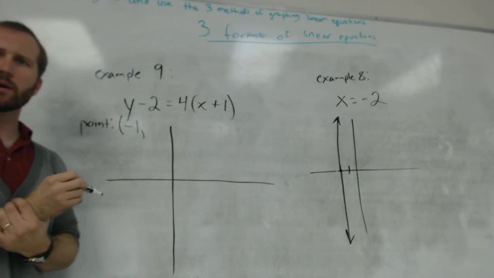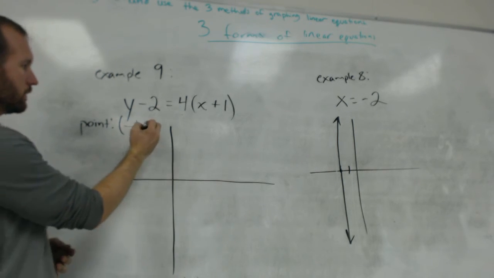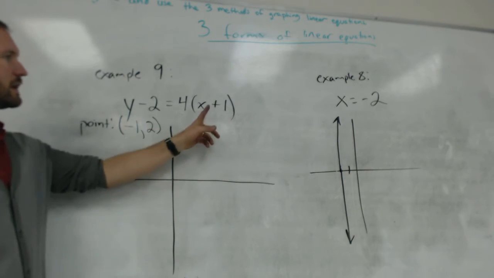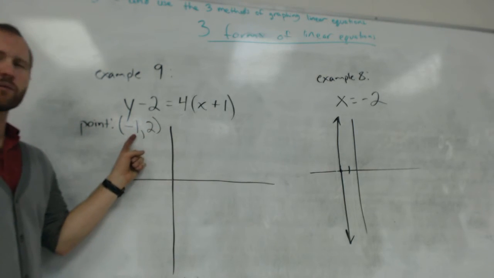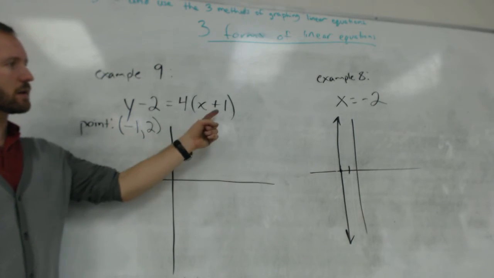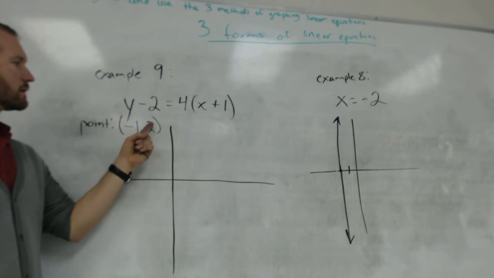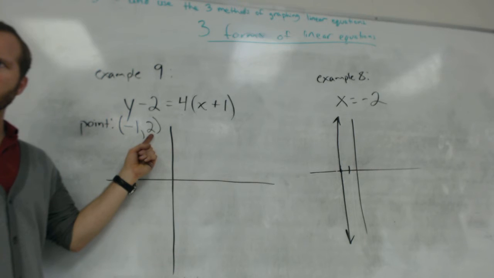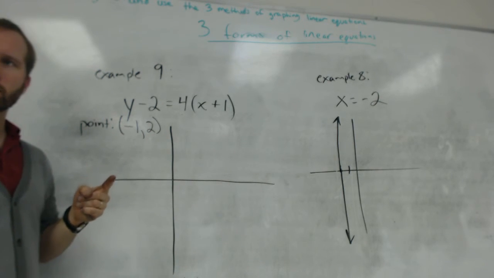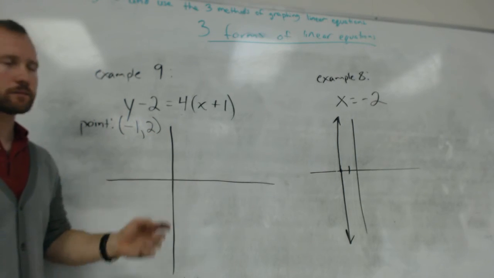And the second part of the point? The 2. Wait, but this says positive 1. How come I wrote negative 1? It's always going to be the opposite, right? And then the y says y minus 2. How come I wrote a positive 2? Because that's the opposite of negative 2. So the point is always the opposite.